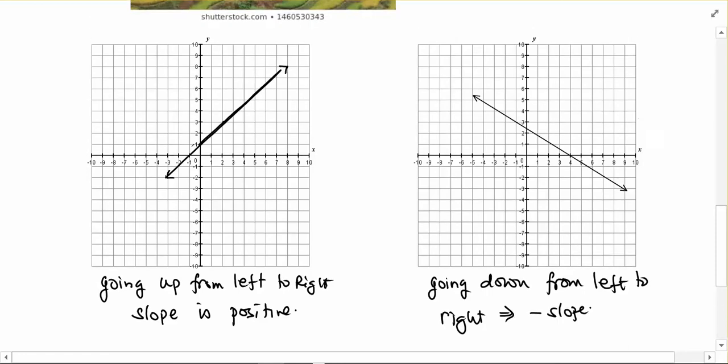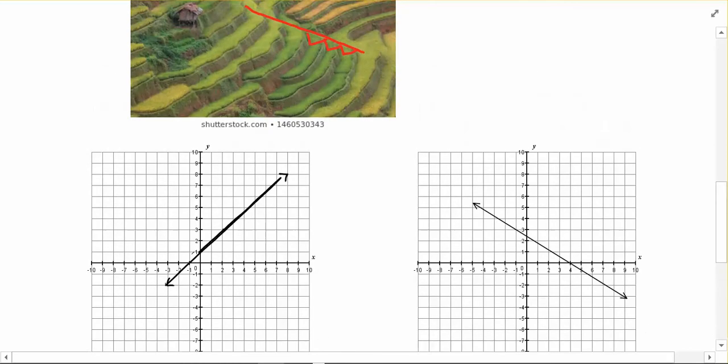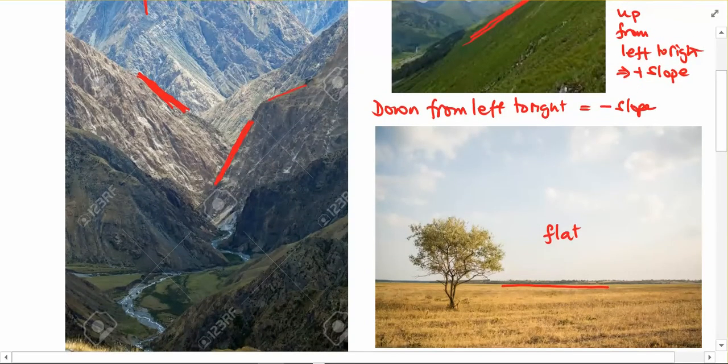Now the next question is, how do we give a grade to this slope? Meaning, how do we quantify the slope? So clearly, if you go back up to this one, this slope is not as steep. This one is super steep. They're both positive, but how do we tell that that's not as steep and this one is as steep? So clearly we can assign numbers to it, right?